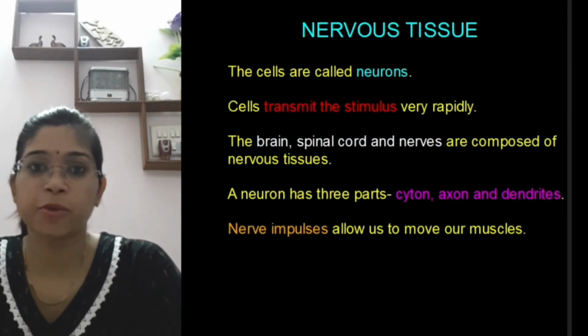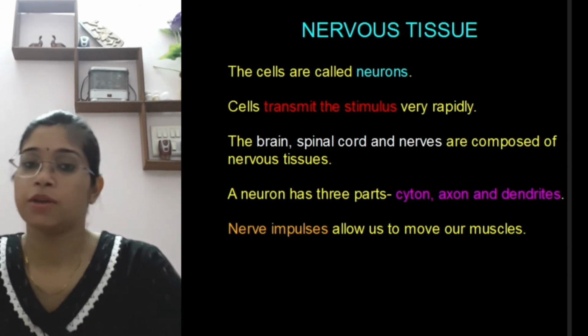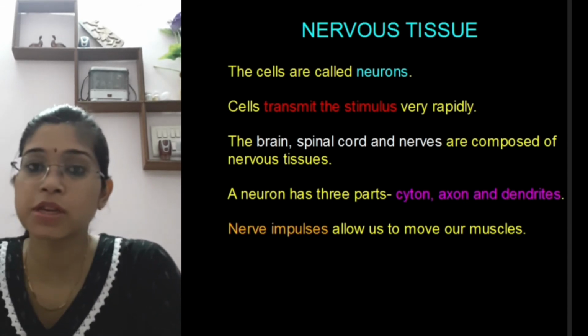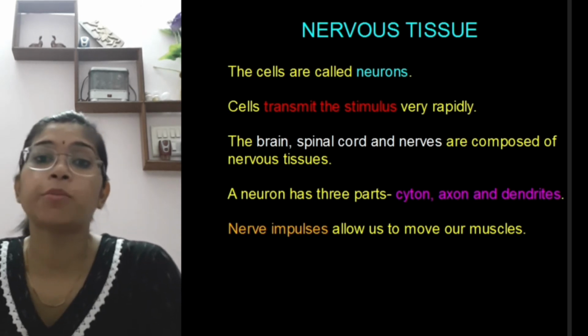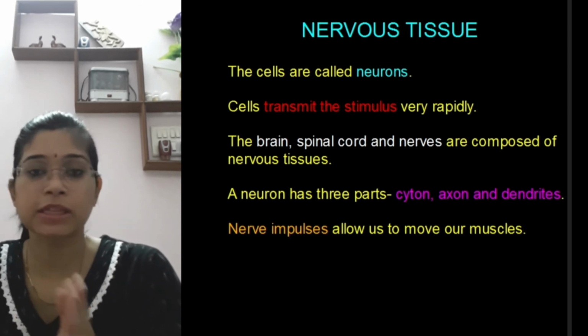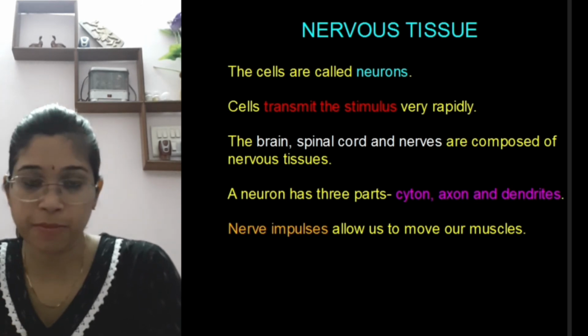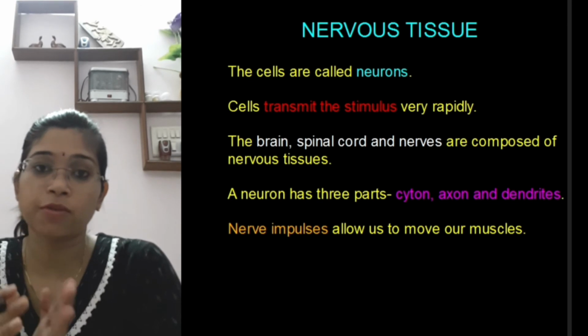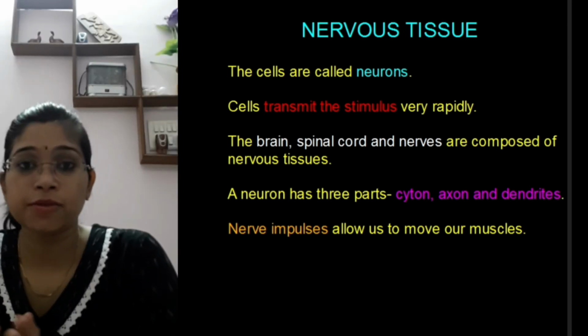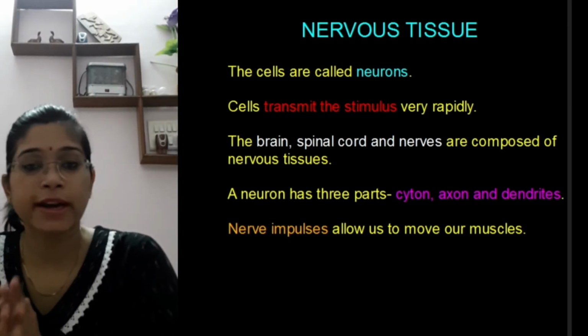Now the next type of tissue is nervous tissue. We know that the cell of nervous tissue is known as a neuron. This neuron is composed of various parts. We will discuss that with the help of a diagram. Nervous tissue is helpful in carrying information from one cell to another cell and therefore it transmits the stimulus very rapidly.